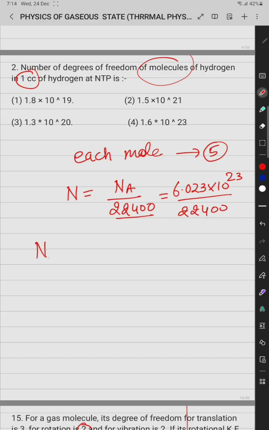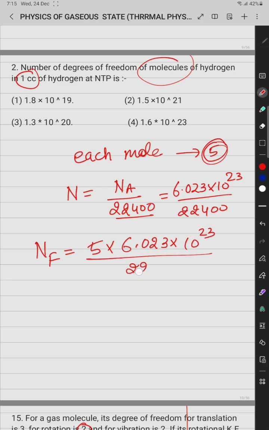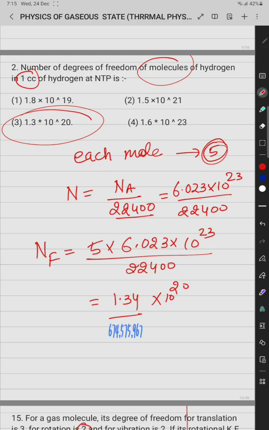But we know the number of degree of freedom of each molecule is 5, so 5 is multiplied by 6.023 into 10 raised to power 23 divided by 22400. So it is 10 raised to power 20, and it is almost 30 by 22.4, it is 1.34. So correct option is the third one.